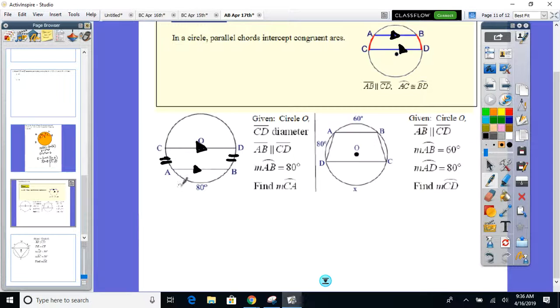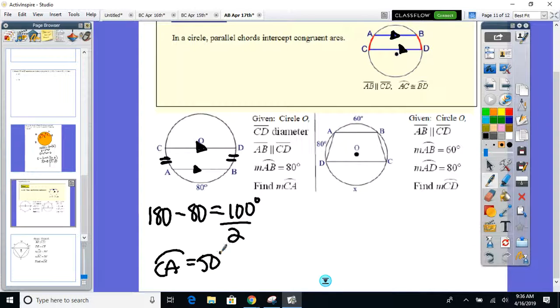So arc CABD, this one on the bottom, is a semicircle. So then you're going to subtract the 80 that you have. So you got 180 minus 80. I have 100 degrees left. Yep. Since they're even, you divide it by 2. And there you go. Arc CA will be 50 degrees.